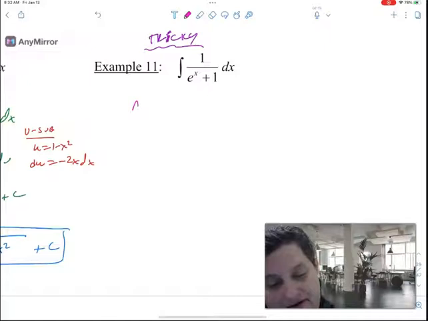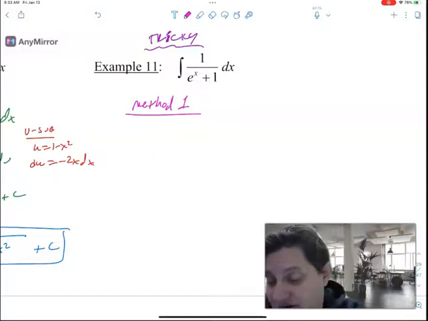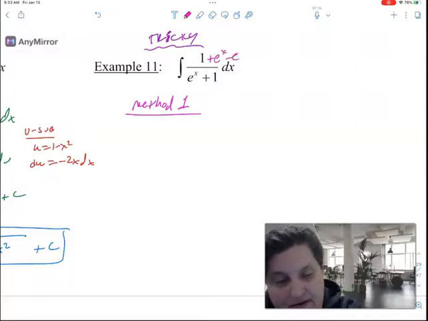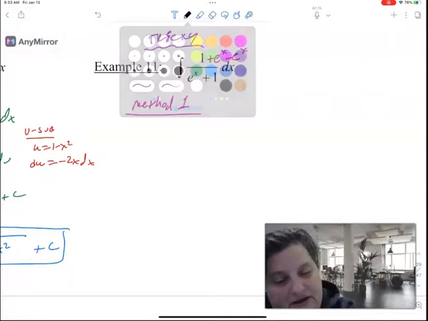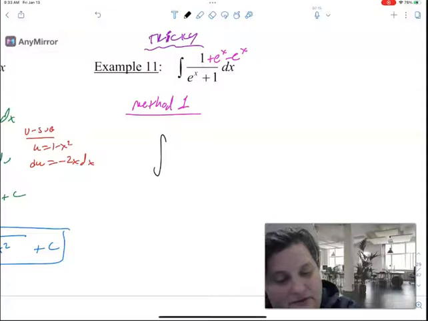Here's the first method. All right, and if you guys, again, if you wouldn't think of this, but you can at least follow along my steps, that's pretty good. We're going to add an e to the x minus e to the x. You might be sitting there like, what?